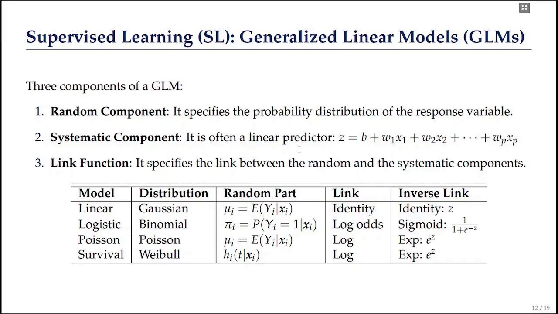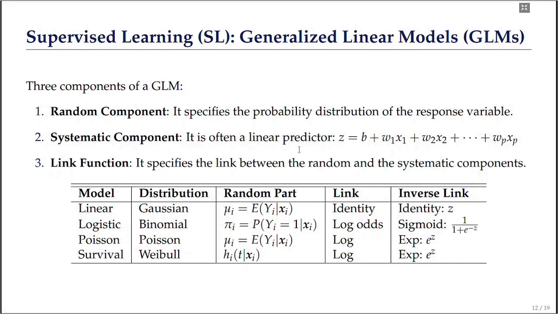For this purpose we need the log odds link function, or the logit link function. The inverse of the logit link function is called the sigmoid, which is just 1 over 1 plus e to the power of minus z. For any value of the linear predictor, this sigmoid function will return values between 0 and 1.